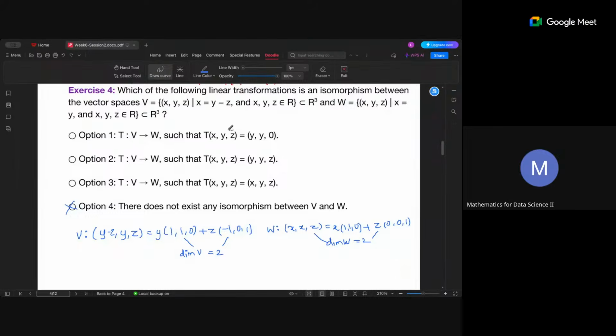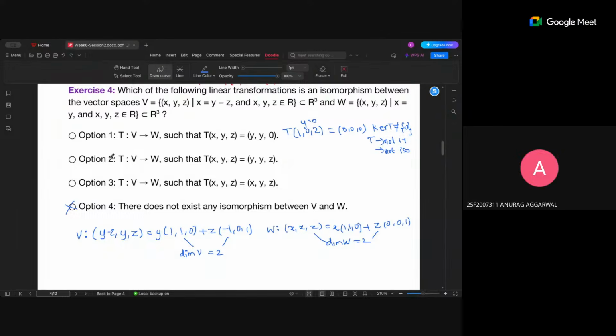Can you find a non-zero vector such that T of that vector is (0, 0, 0)? Suppose (1, 0, 2). In this case y is 0, so you will get (0, 0, 0). So this means your kernel is non-zero. If the kernel is non-zero, T is not 1 to 1. If it is not 1 to 1, it is not an isomorphism.